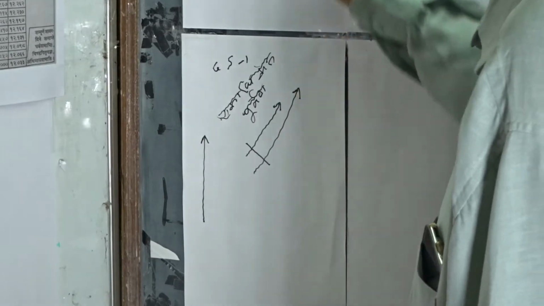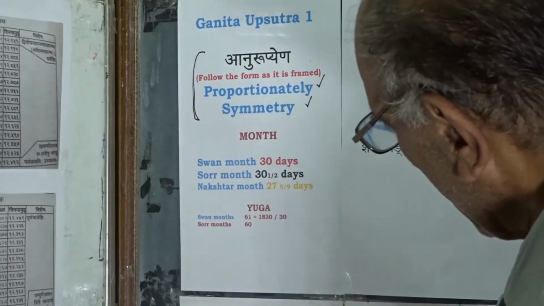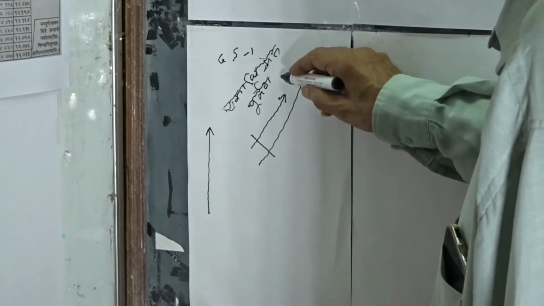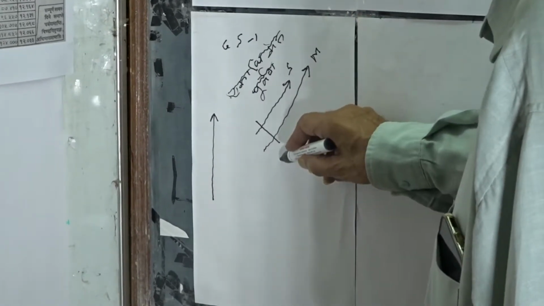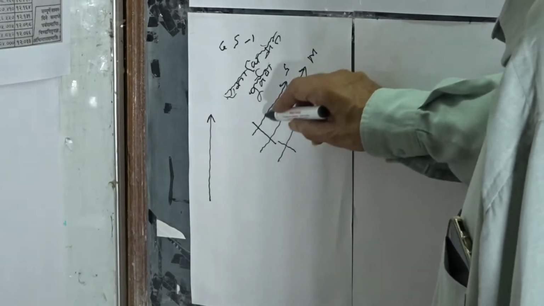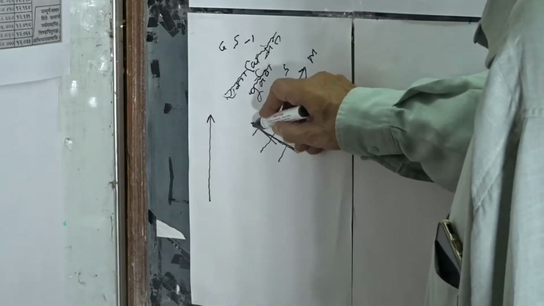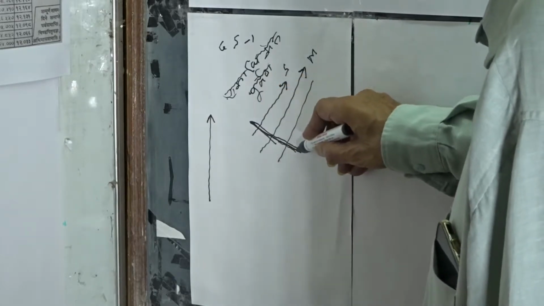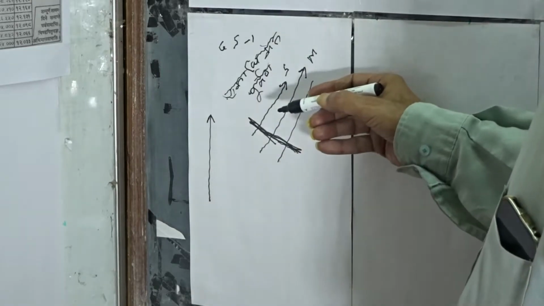But here, by Anurupyena, by proportionate symmetry, we can simultaneously handle different sequential flows, may it be sun, may it be moon, and also the nakshatras. Therefore, all these different flow streams, different sequential flow steps, can be simultaneously chased.